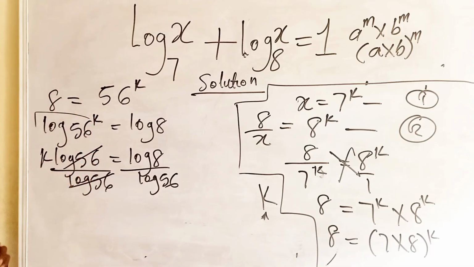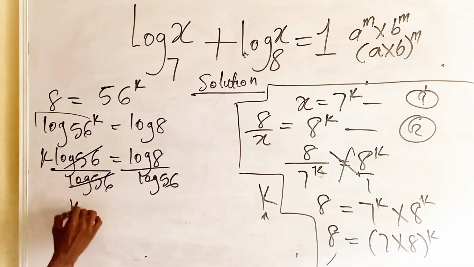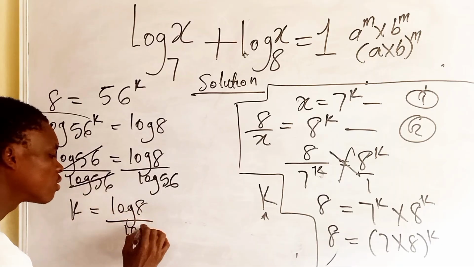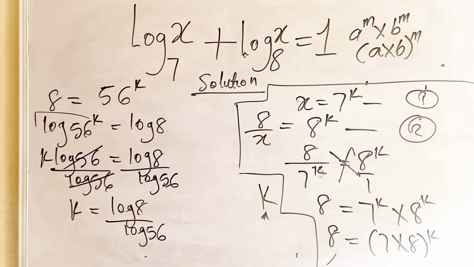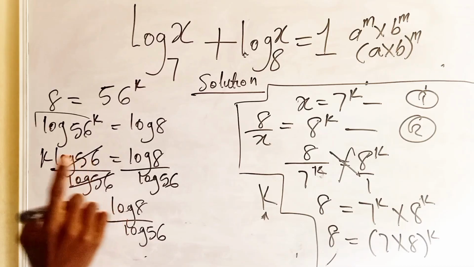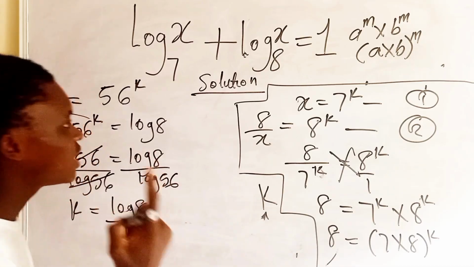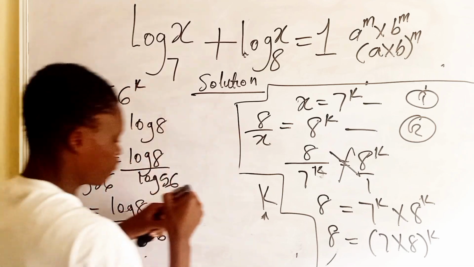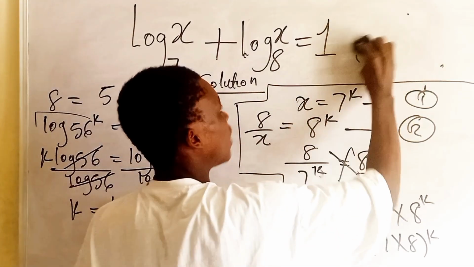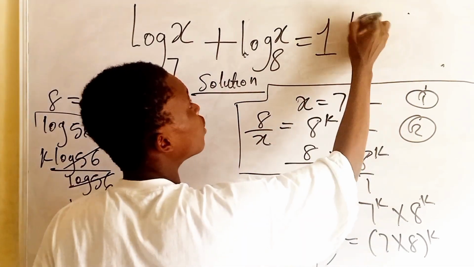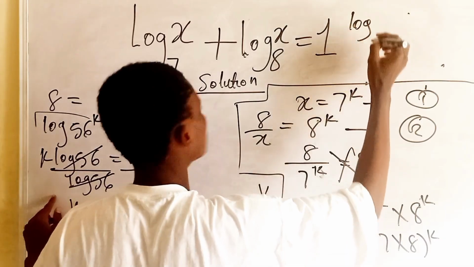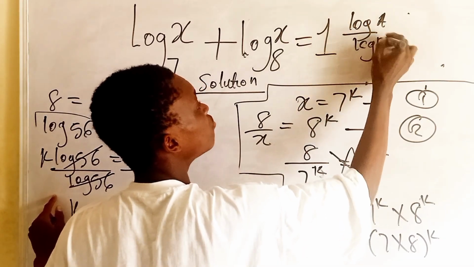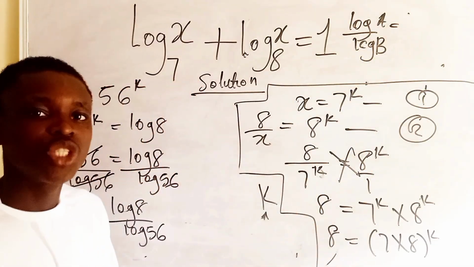So when that happened, we now have k remaining. So k equals log 8 all over log 56. Remember this law of logarithm that says if we have log a all over log b, it is called the change of base rule.